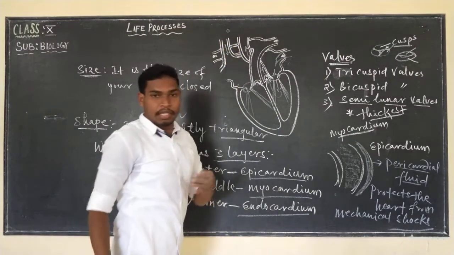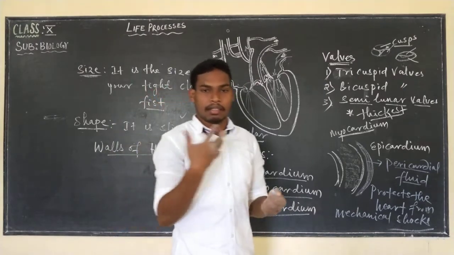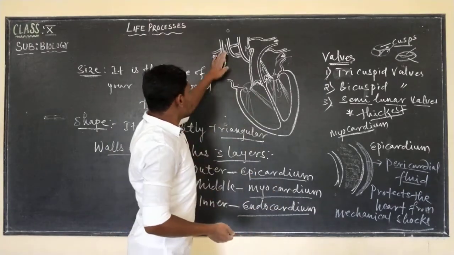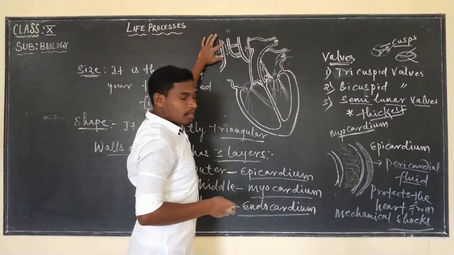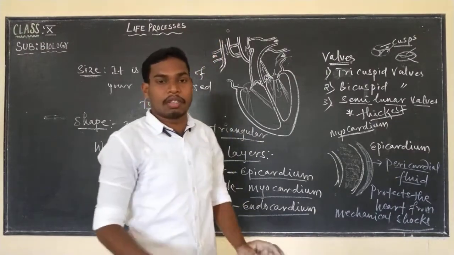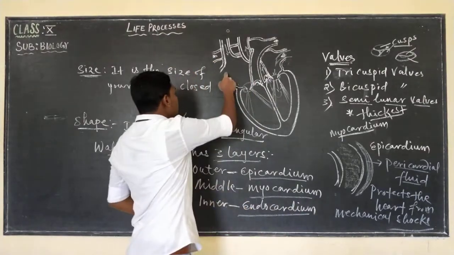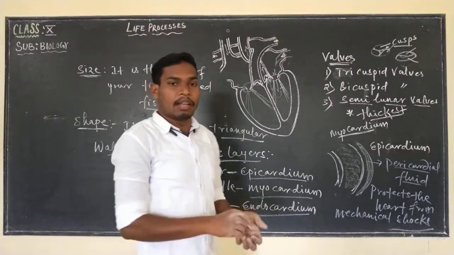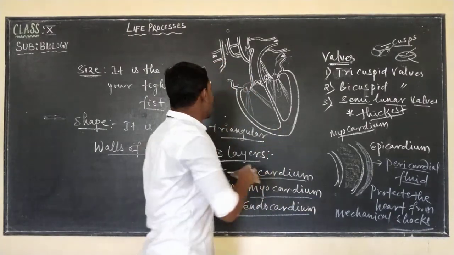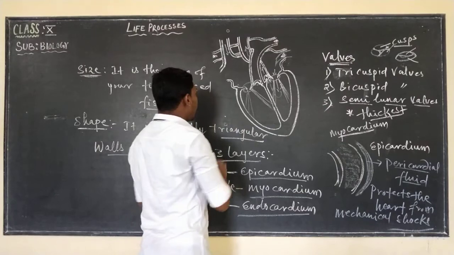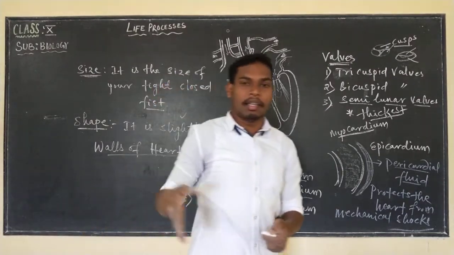If it is from the upper part of our body like head, arms and chest, it is collected by superior vena cava, and if it is from the lower part of your body, abdomen and the lower limbs, it is the inferior vena cava. These two vena cava, large size veins, are going to bring the deoxygenated blood into this right atrium or right auricle.